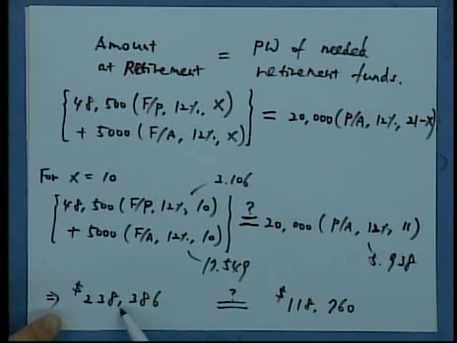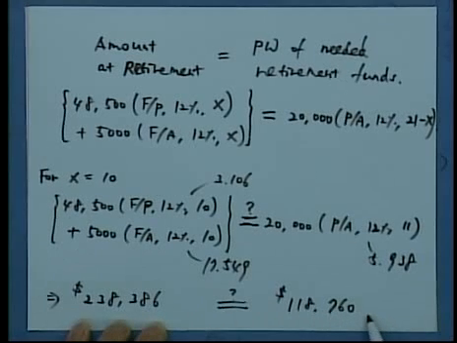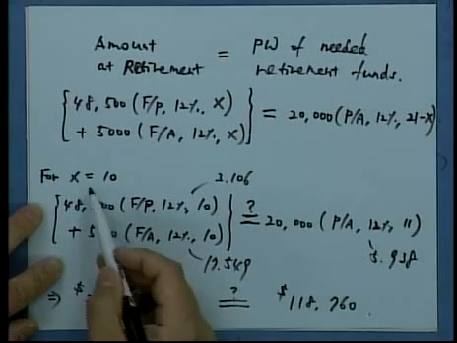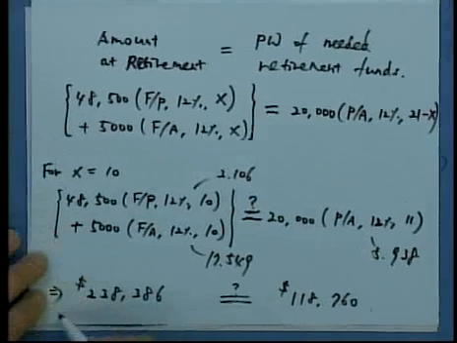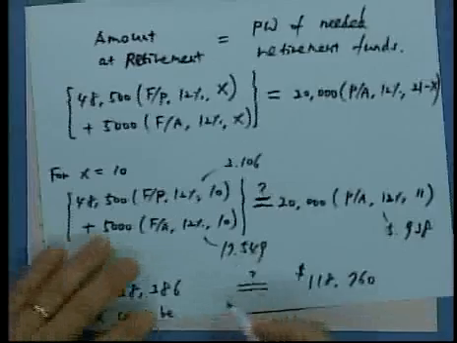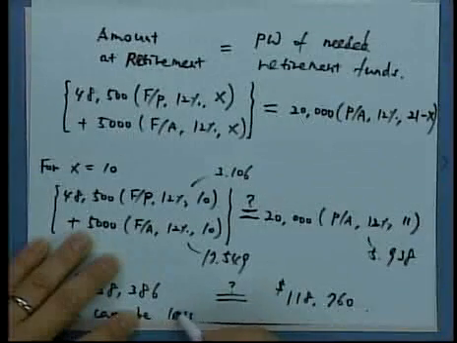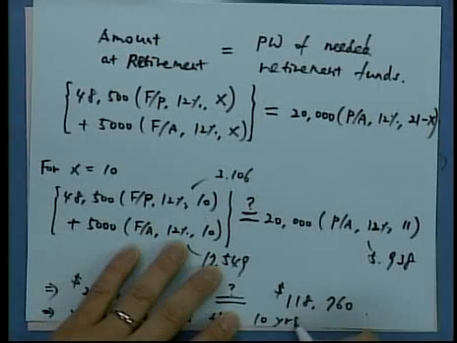The amount of money he has at retirement is this much, but the amount of money needed for his retirement is only this much. So we can say that X can be less than 10 years.